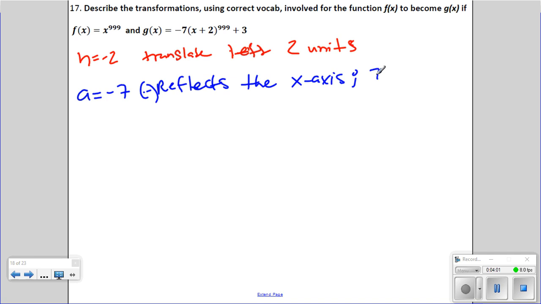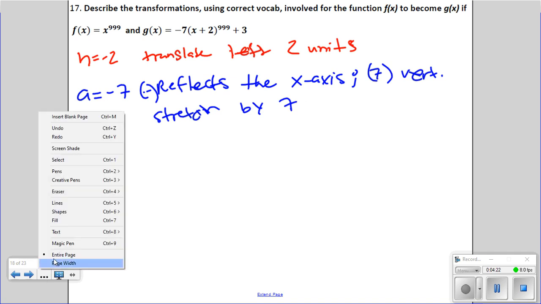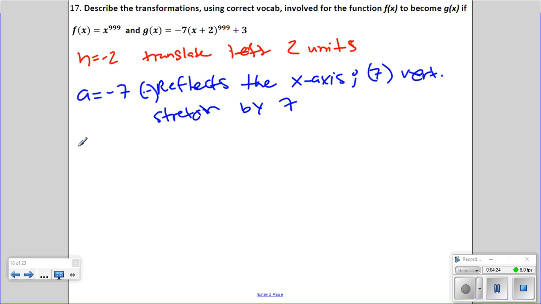And then the 7 is what is causing the vertical stretch by 7. And lastly, we have k. k is 3, so that's a translate up 3 units.